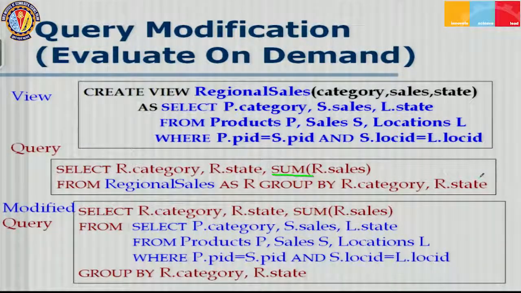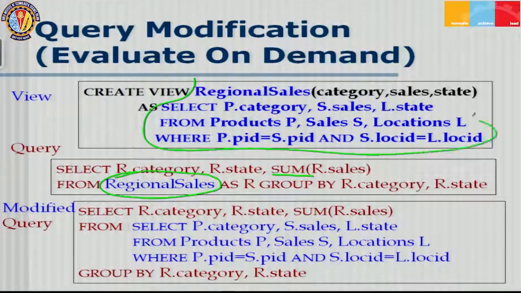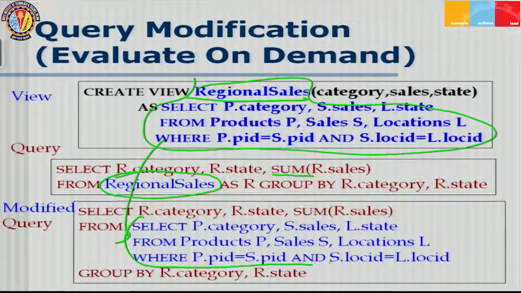Now as soon as I put regional sales in my query, what happens is the system will replace this part by the view definition. So this whole thing will be replaced and come here. You can see that the whole of this has come here and the rest of the query remains as it is.